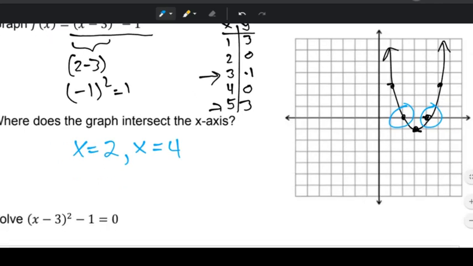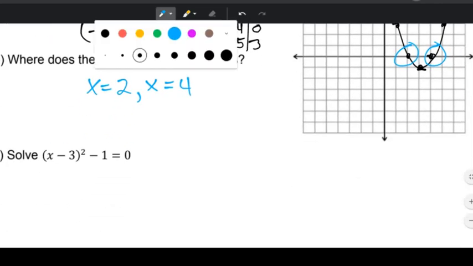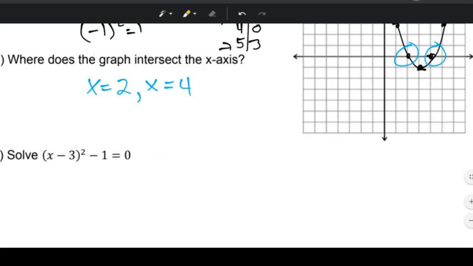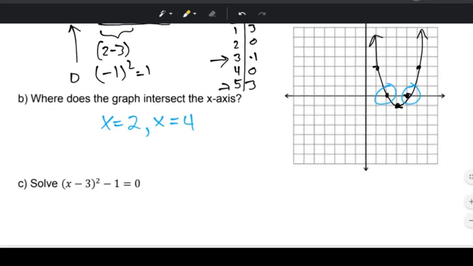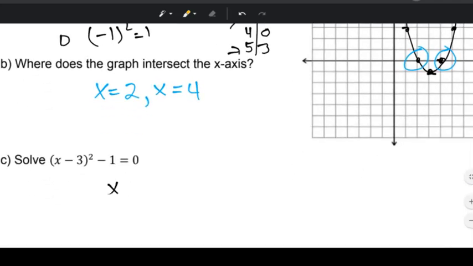And so moving down to the real question about solving this quadratic equation, we have to solve this equation when it equals 0. But remember, that's the same thing as setting this function equal to 0, or asking when is y 0, which was the 2 points we circled. And so we don't even have to do anything extra. We already solved by looking at the graph.